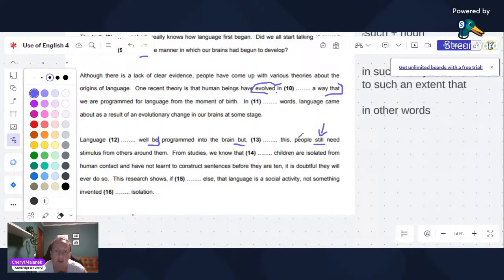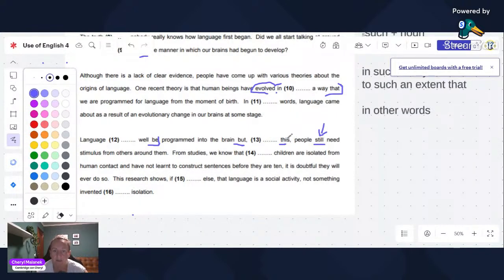With this? In spite of this. But Cheryl, in spite of this is 3 words. Erica, what other contrast word can we use that's only 1 word? How do we say in spite of in 1 word? In spite of, we say despite. No?